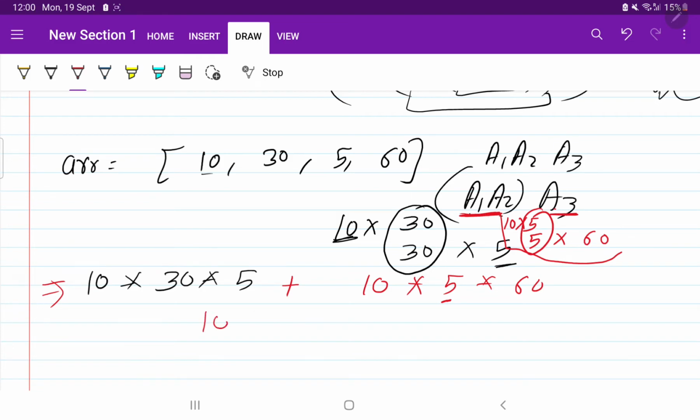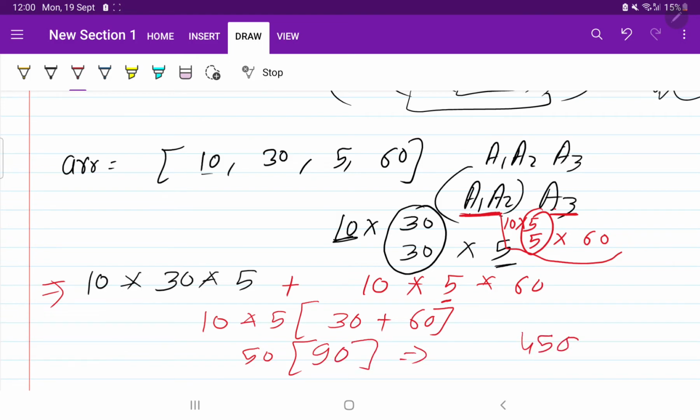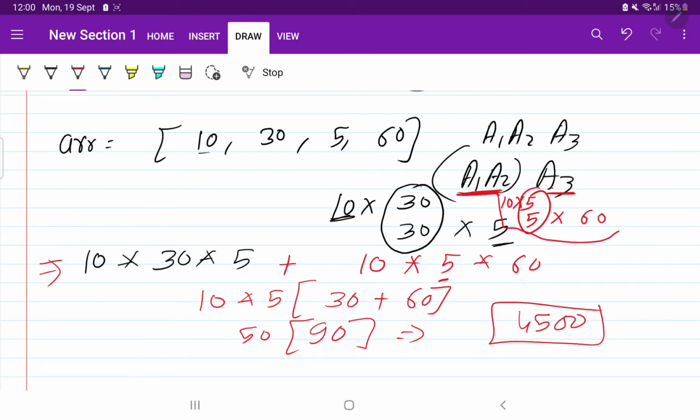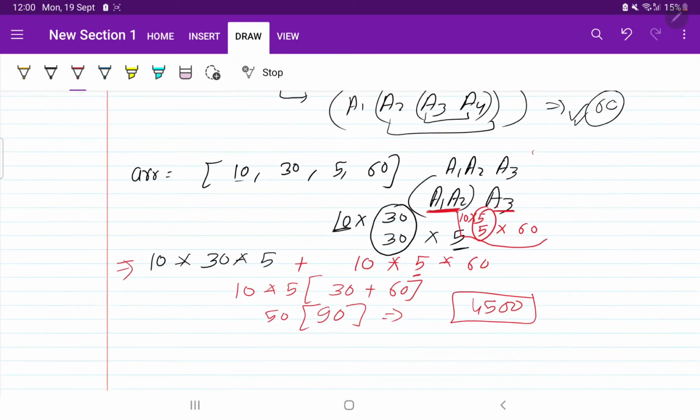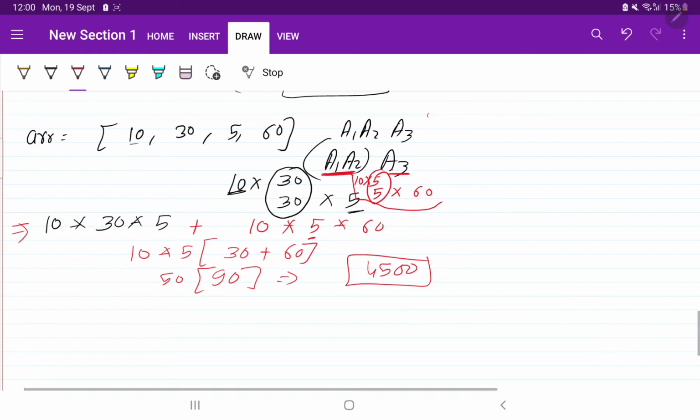Let us check the cost. 10 and 5 are common, so it will be 30 plus 60. I have taken 50 and here you get 90. 9 5s are 45. So 4500 will be the cost if you first multiply A1, A2, then multiply with A3.